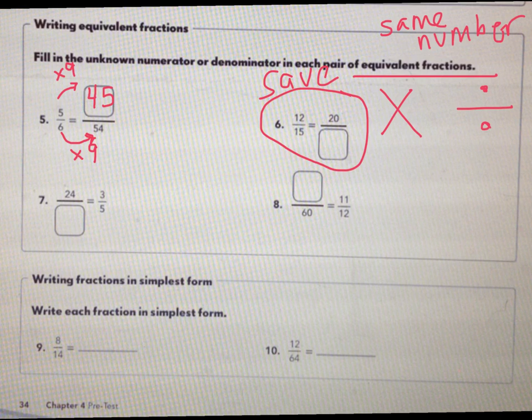Now, 24 over an unknown quantity is equivalent to 3 over 5. Looking at the relationship between 24 and 3, it's getting smaller, so I must be dividing 24 by a number. What number would I be dividing 24 by to get to 3? Again, those multiplication facts, that would be 8. What number goes into 24 3 times?